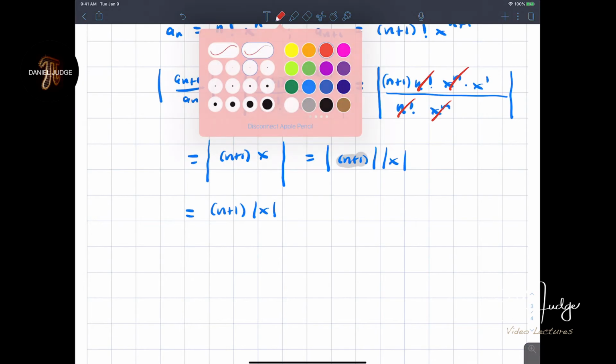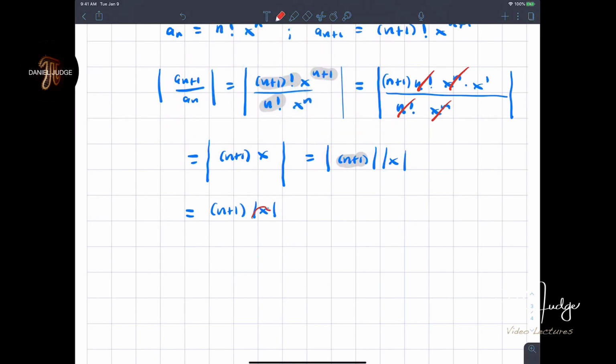When you get down to the absolute value of x, x could be positive, it could be negative, so I don't get rid of the absolute value. What you focus on here is this n plus 1. Since we don't know, you're going to always assume the absolute value of x is not 0. And you're going to see why that is an important step.